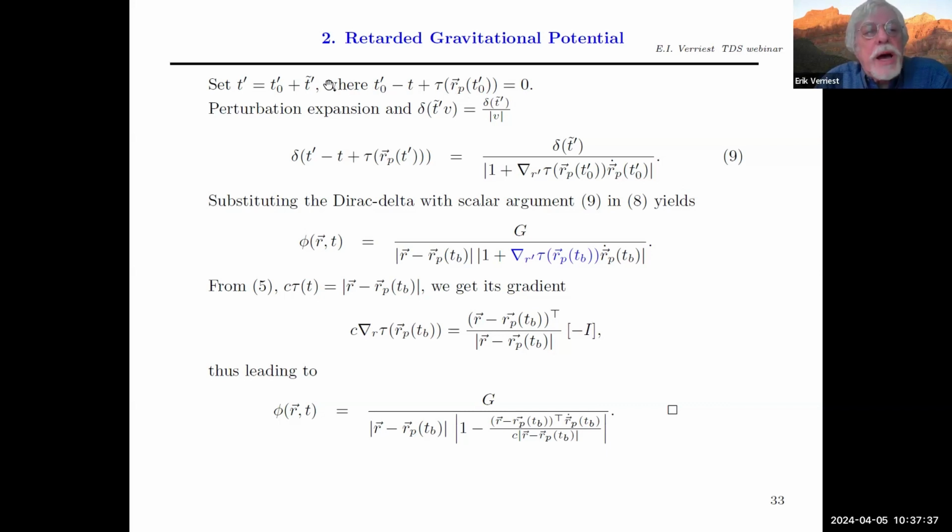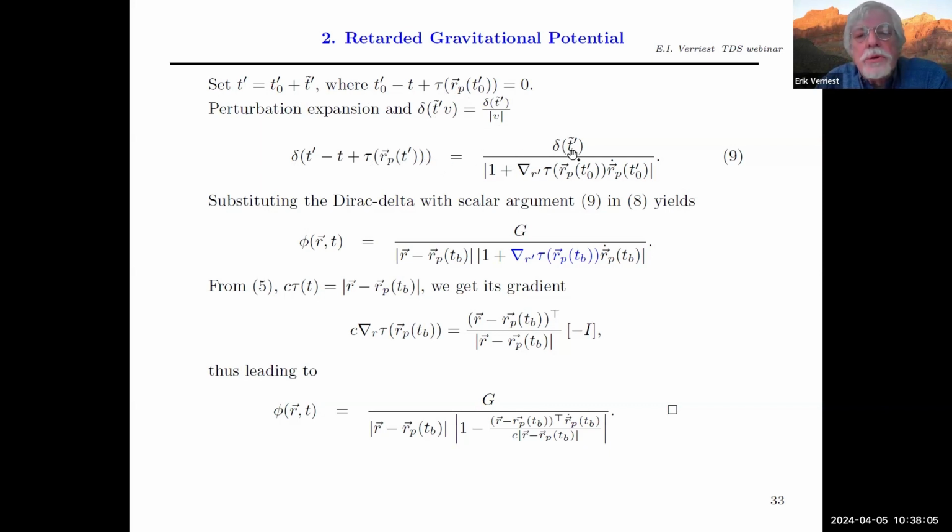So in terms of the backward time, t prime is the time since the backward time. And I also use the fact that the delta of t prime times a constant is equal to delta t prime divided by the absolute value of this constant. So this reduces this delta function. Notice that t prime appears here and here as well.